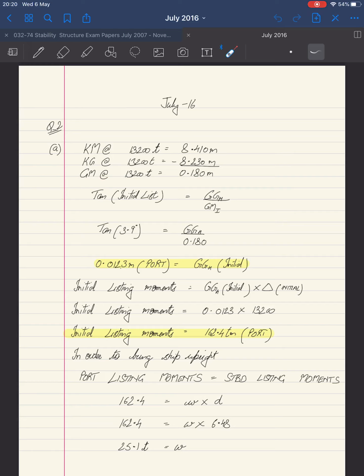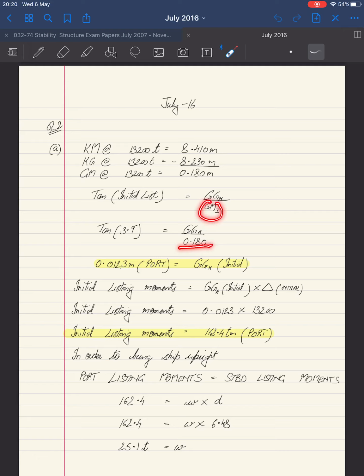We'll use the formula tan of initial list equals GG' divided by GM initial. So when we put in the values, we'll put tan of 3.9 degrees, because 3.9 degrees was the value given in the question as initial list, which was on the port side, equals GG' over 0.180 meters.